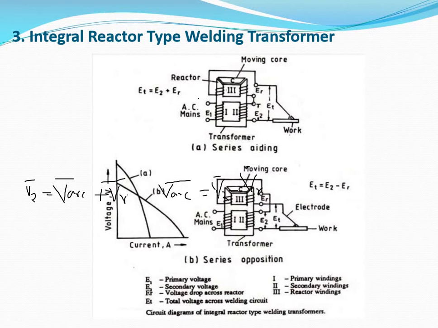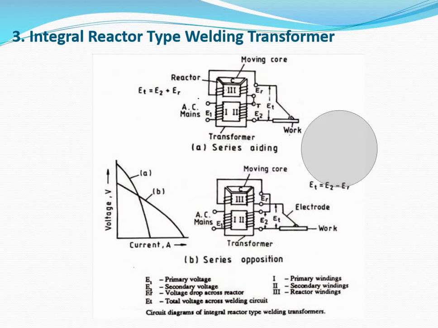Now, integral reactor type welding transformer. The welding transformer of the integral reactor type is shown here. It has a primary winding and secondary winding, that is 1 and 2 as shown here, and the reactor winding 3.